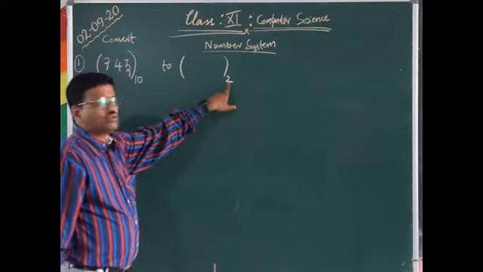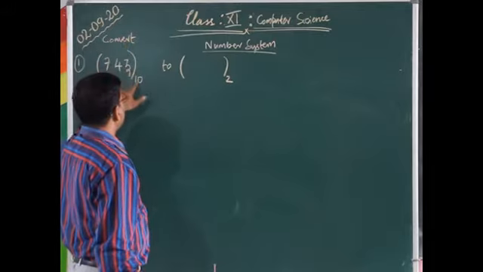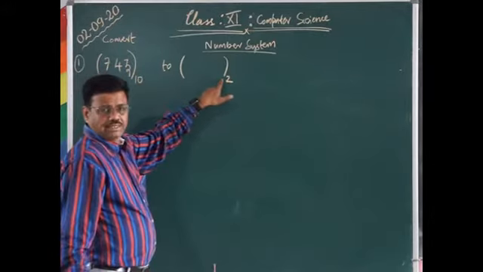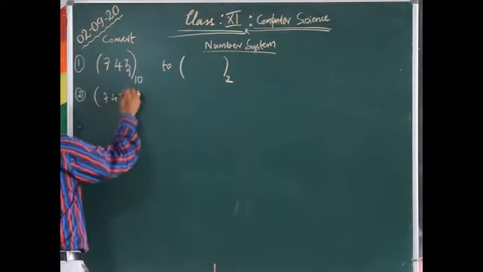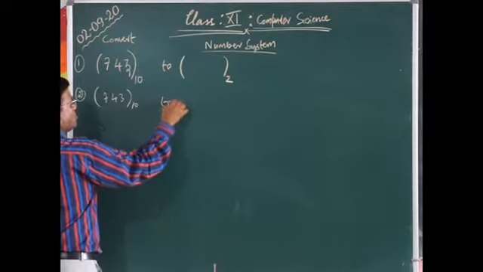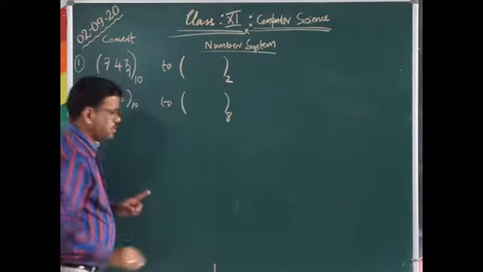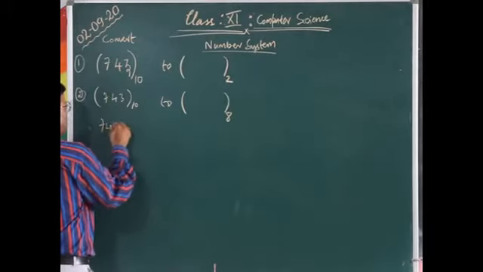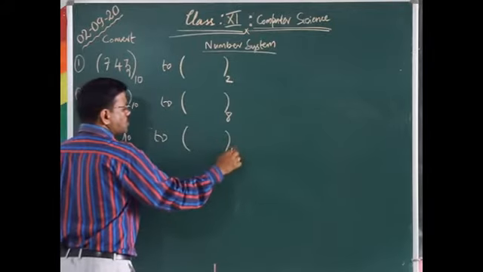Underneath you must write it: convert 743 of decimal to binary. Same 743, I want to convert into octal. Same 743 of decimal to hexadecimal.